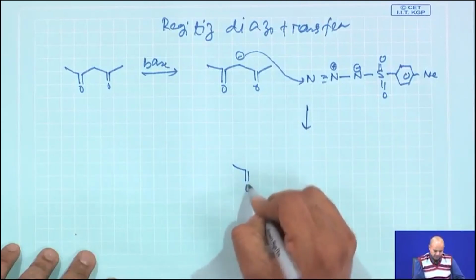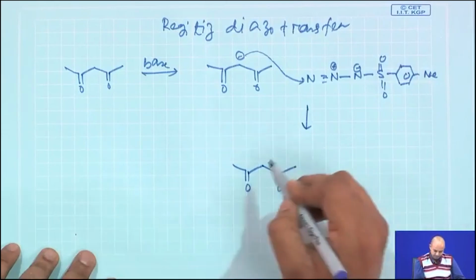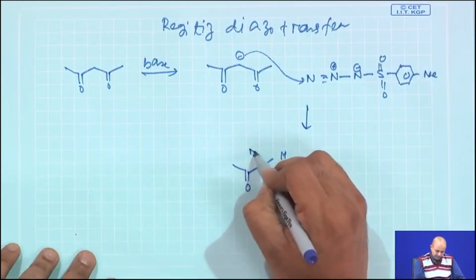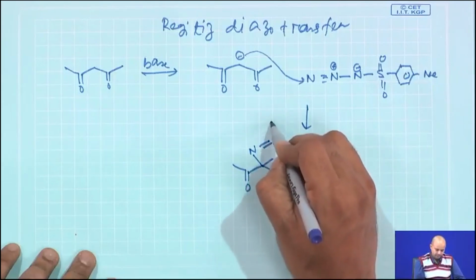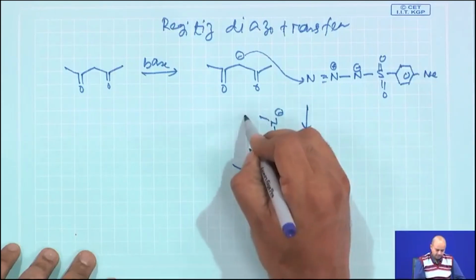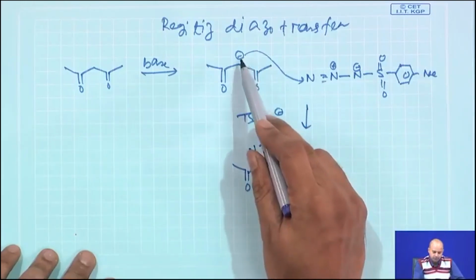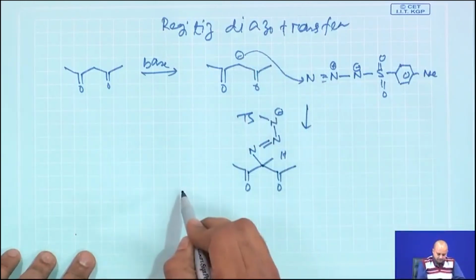You basically get this CO2Me, this CO2Me, then one of these hydrogens is here, and then the azide structure you can now write as N minus Ts. So, just the simple attack of this nucleophile on this electrophilic azide in this fashion.